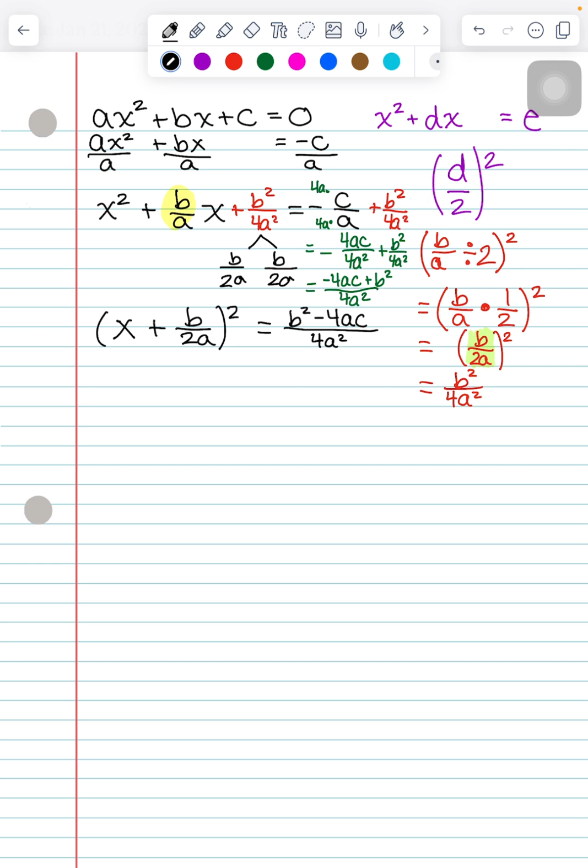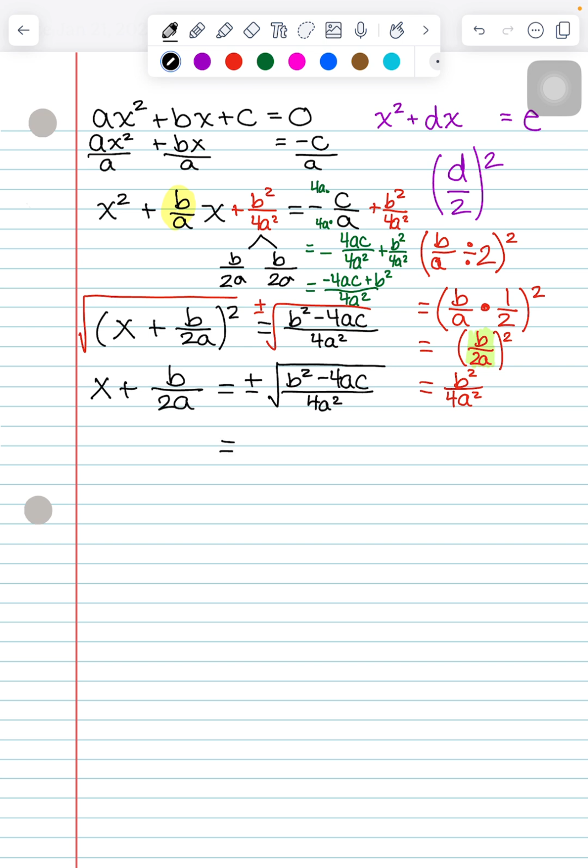Sweet. Now I solve. To solve something squared equal to a number, I take the square root, reminding myself that I need to put a plus or a minus in front of it. On the left side, I'm going to be left with x plus b over 2a. On the right side, I'm going to get a positive and negative square root of that ugliness. To square root a fraction, you square root the top and you square root the bottom.